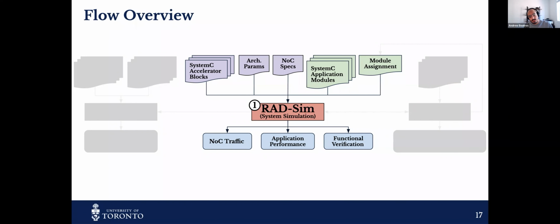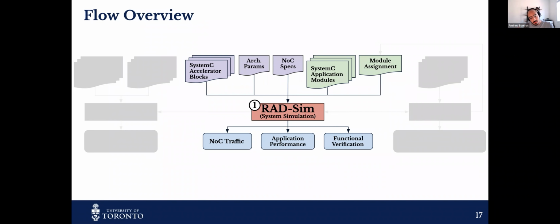RAD-Sim takes all those things, stitches them together, and performs cycle level simulation of your application on the RAD instance that you describe, and produces as an output things like NoC traffic patterns and the end-to-end application performance. It can also do functional verification if you supply it with a set of test input vectors and their golden outputs.